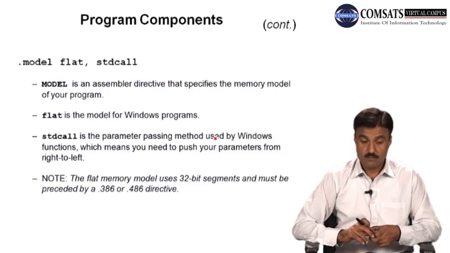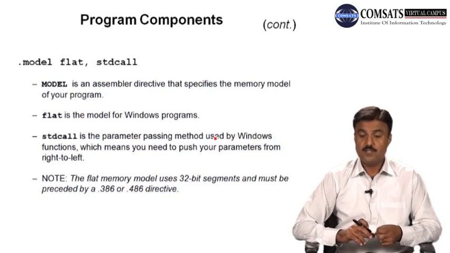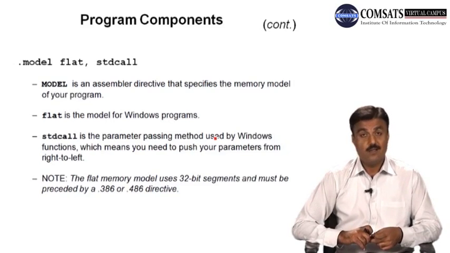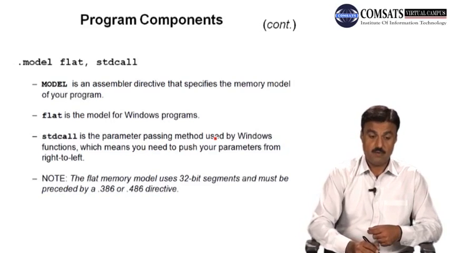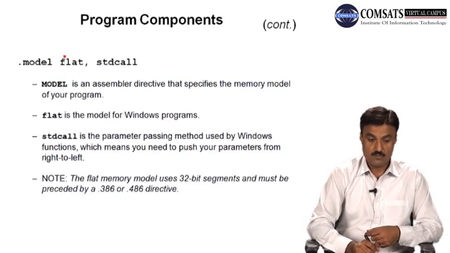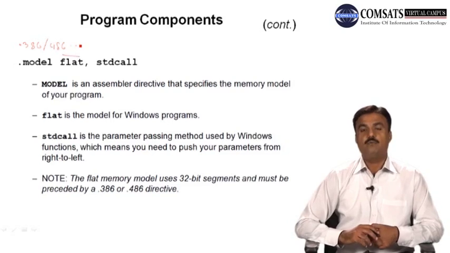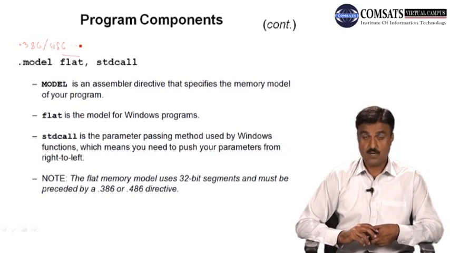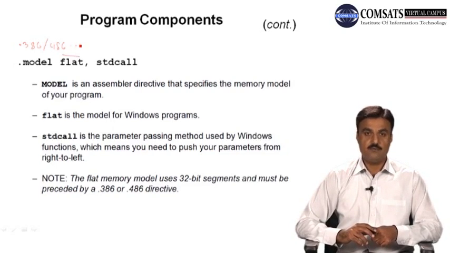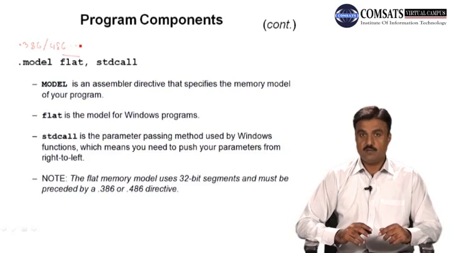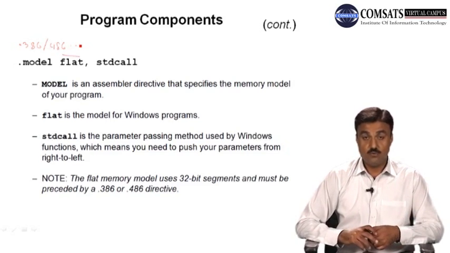Here one thing you have to note is that the flat memory model uses 32-bit segments, and it must be preceded by a .386 or .486 directive. Before using the memory model flat, there should be .386 or .486. Why? Because 286 is a 16-bit architecture, and the previous architecture 8085 is 8-bit, and before that they were 8-bit and 4-bit architectures.